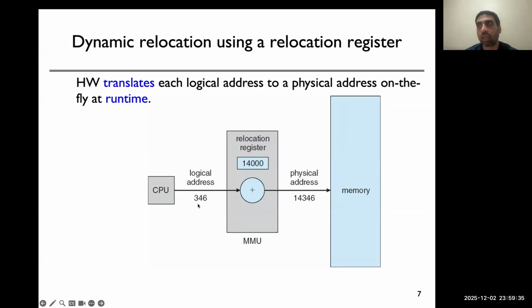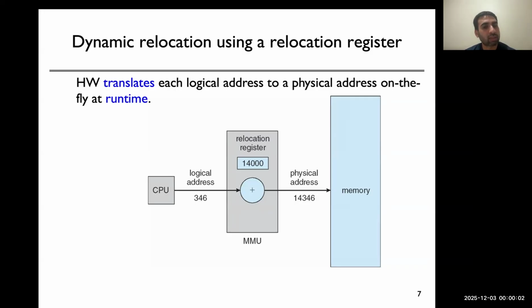For example, as I said, you have a variable y and you want to load its address in the pointer x. So you first need to get the address of y, which means you need to generate the address. But the address generated by your program, by your CPU, will be your logical address.